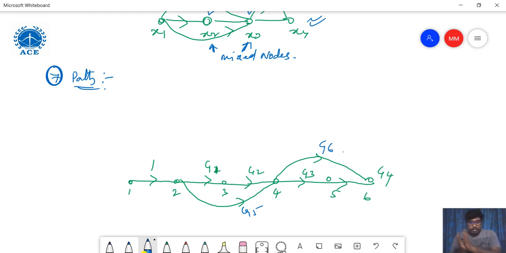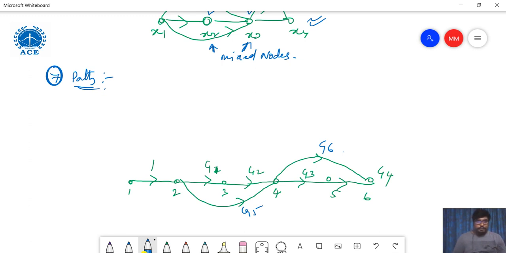A path is a traversal of connected branches in the direction of branch arrows. And one important point is there: a path should not cross a node more than once. Okay, this is important.